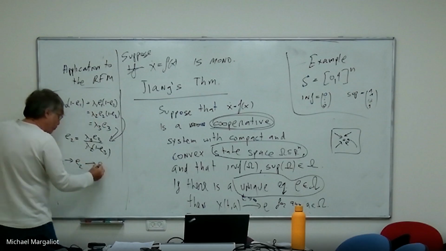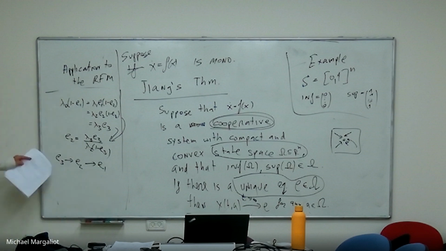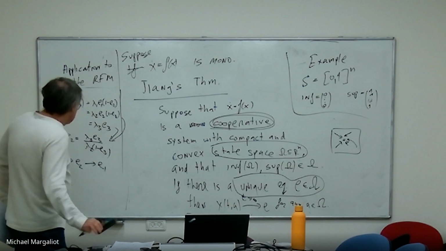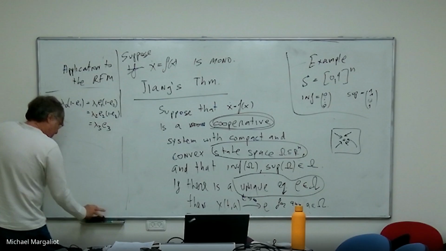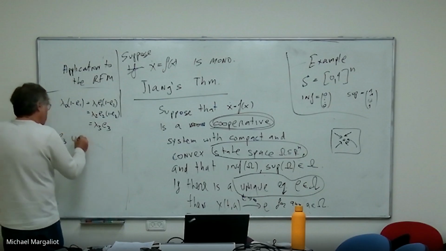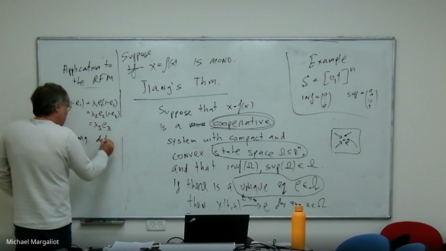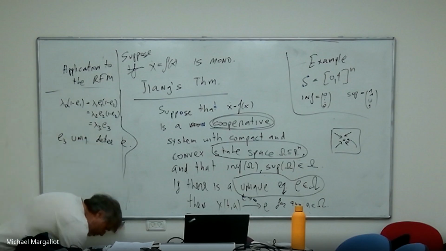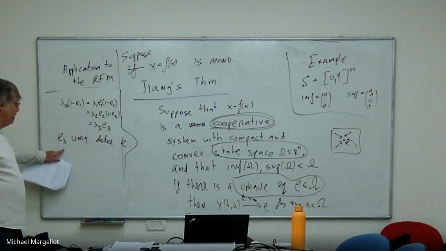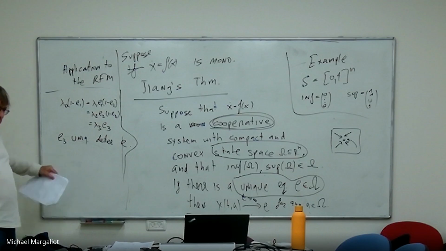So E3 uniquely determines E2, and this uniquely determines E1. The conclusion from this is that E3 uniquely determines E. And in general, in the n-dimensional RFM, if you know the value En, you can find all the other values. So En uniquely determines E.